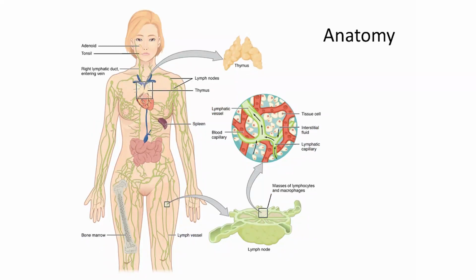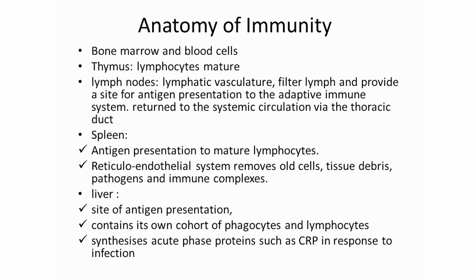This is anatomy. We all are aware that lymph nodes, thymus, bone marrow, spleen, even liver is there, and adenoids and tonsils. Bone marrow is the site for blood cell production, we all are aware. Thymus is the place where lymphocytes get matured. Lymph nodes are the place where they actually circulate and they are returned to the systemic circulation via the thoracic duct.